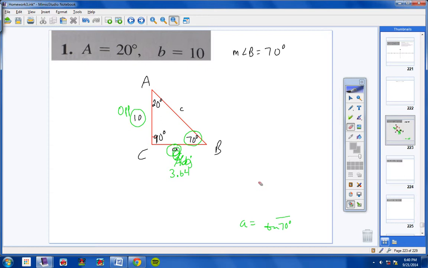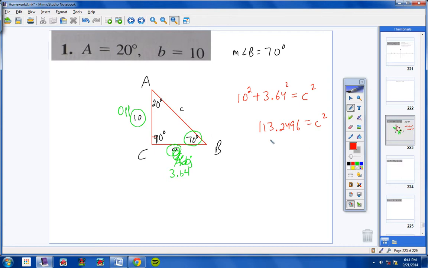And now, students, in order to find the last missing side, I'm just going to use Pythagorean's theorem. I have one leg, which is 10 squared. I have another leg, which is 3.64 squared, equals my hypotenuse C squared. So I have 100, 10 times 10 is 100, plus 3.64 squared, and that's going to give me 113.2496 equals C squared.